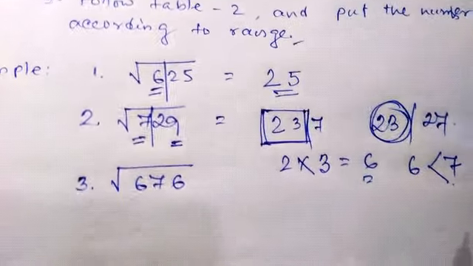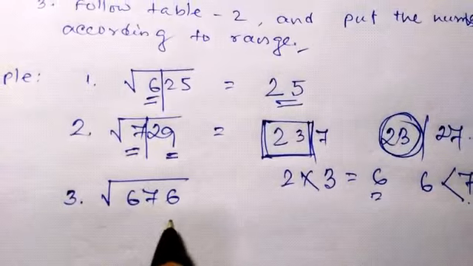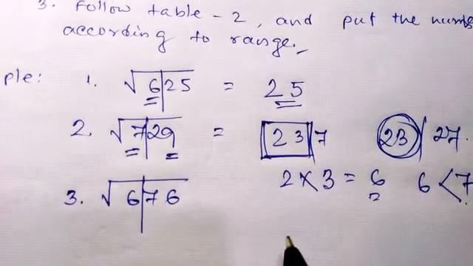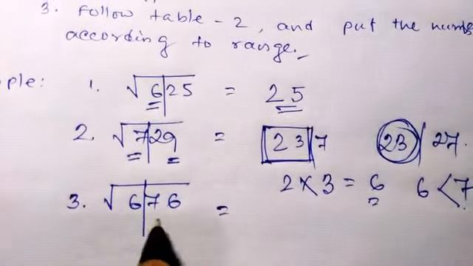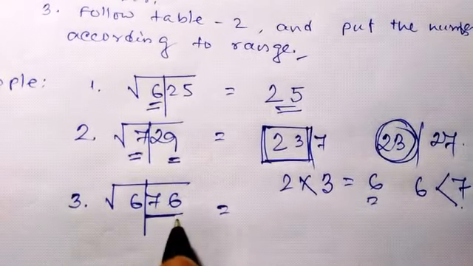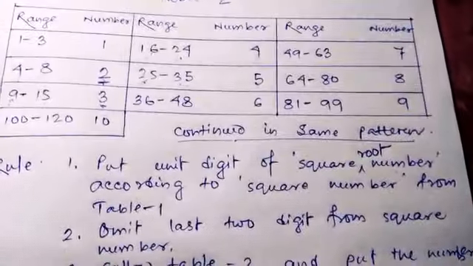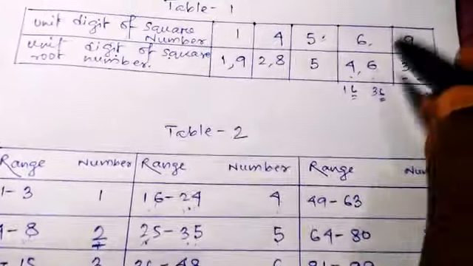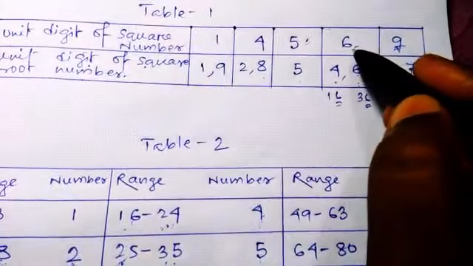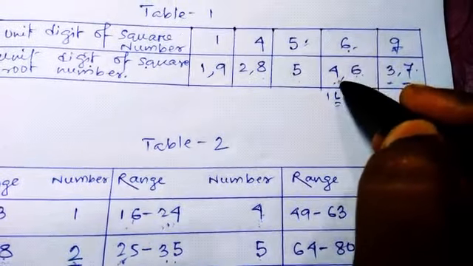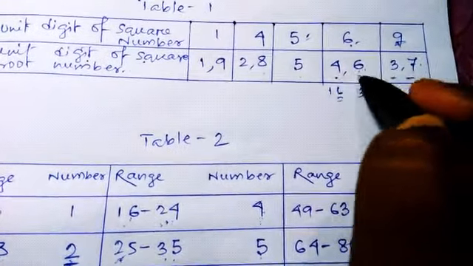Now in this example it is 676. I divided 676, and from the 76 the unit is 6. So according to table number 1, if the unit is 6, then the unit of the square root is either 4 or 6.